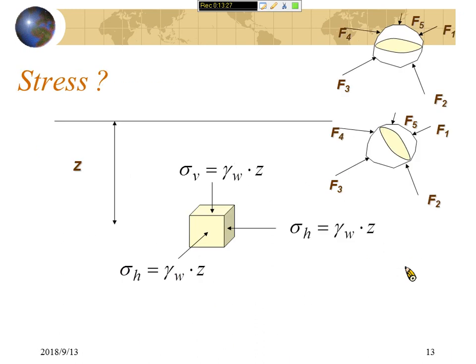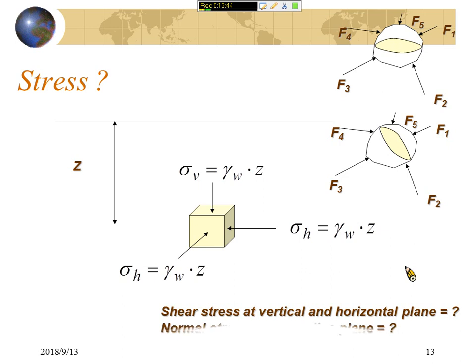I will quickly go through this. You will have 3 principal stresses. If you don't have shear stress on the horizontal plane and the vertical plane, then you can evaluate the stresses. If the stress is the same, for water for example, you will have hydrostatic pressure.